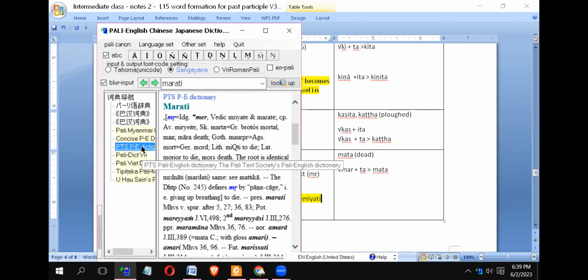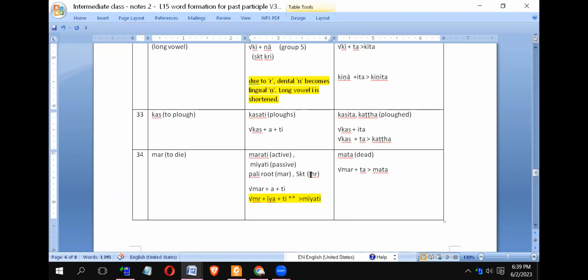You'll find in the Pali Text Society MR. Actually in this case, yes, it's MR-dot, Miyate. So not M with the R but it's the R-dot. Now it's R-dot, right?